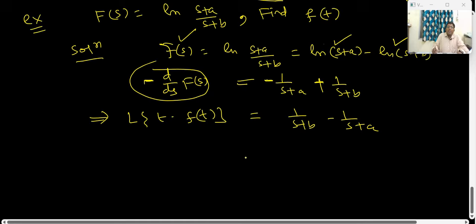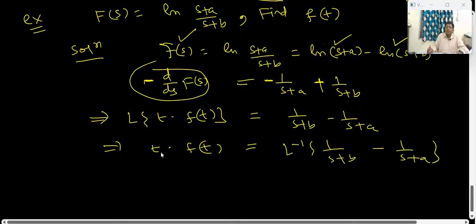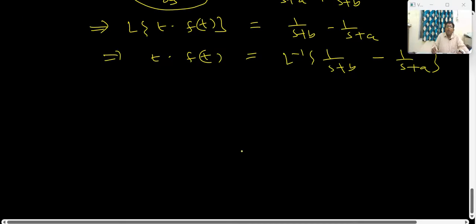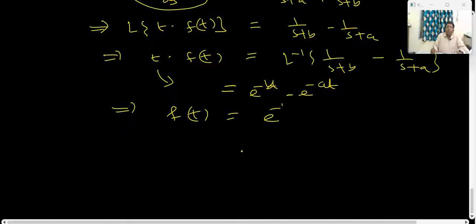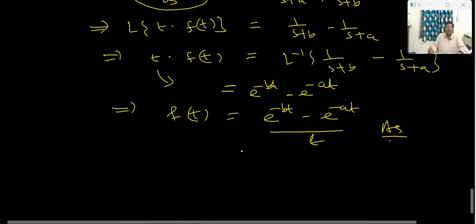So t f(t) is equal to L inverse of 1 by (s plus b) minus 1 by (s plus a), which is e to the power minus bt minus e to the power minus at. Now divide by t. So f(t) is equal to (e to the power minus bt minus e to the power minus at) divided by t. It is your answer.